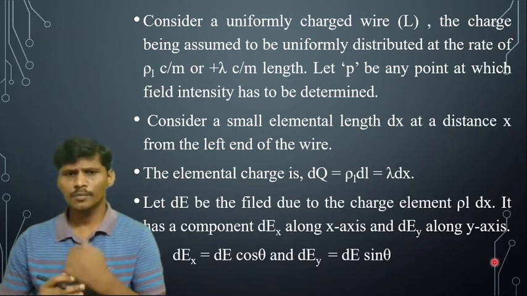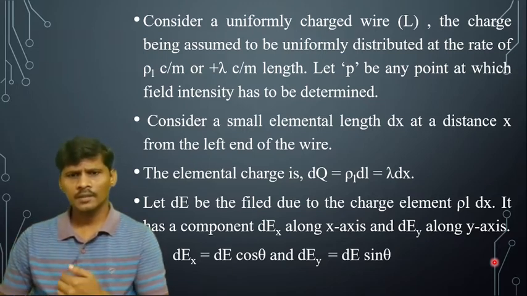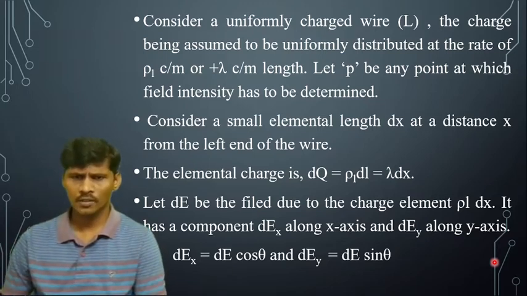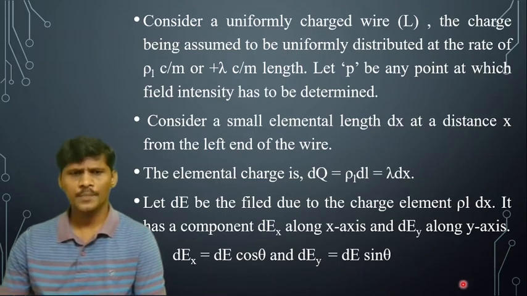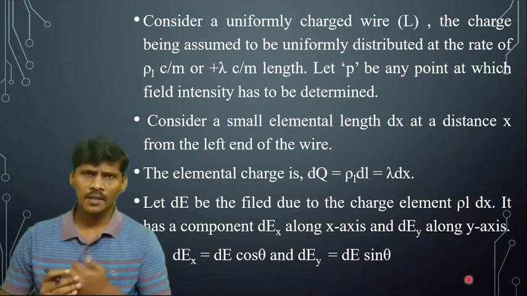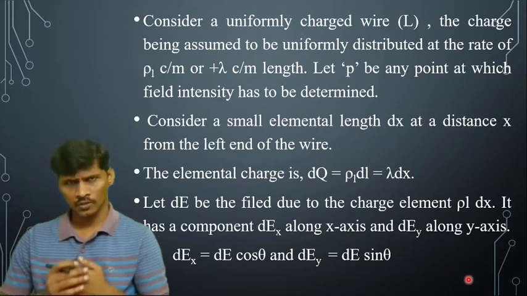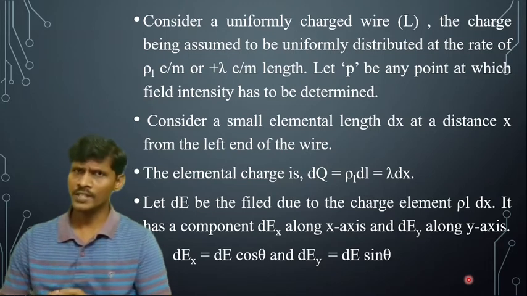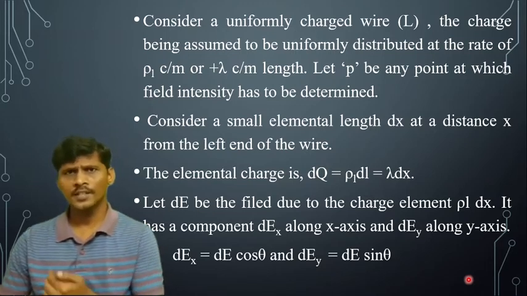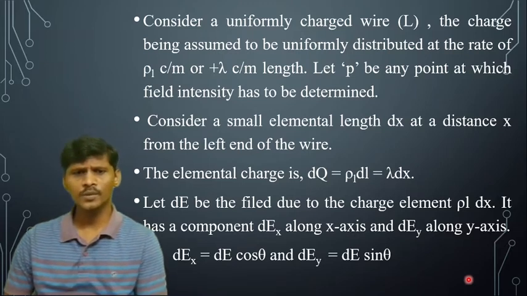Let dE be the differential electric field intensity due to the charge element rho L into dx. It has the component dEx along the x-axis direction and the component dEy along the y-axis direction. So dEx is equal to dE into cos theta and dEy is equal to dE into sin theta.